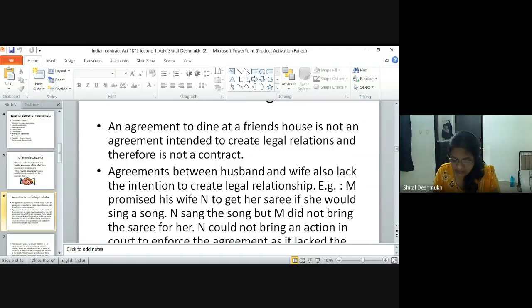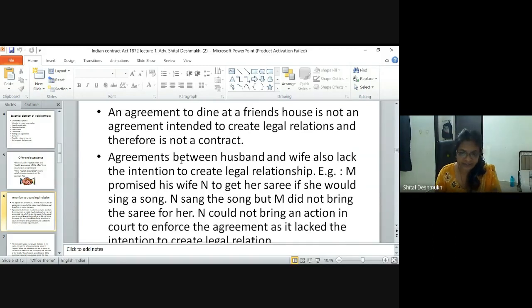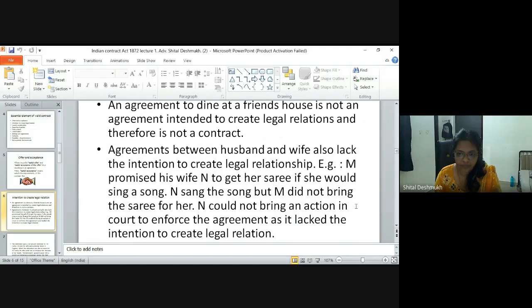So the intention to create a legal relationship is very important. Here is another example: an agreement between husband and wife, which is also of a domestic nature, because such an agreement also lacks the intention to create a legal relationship.